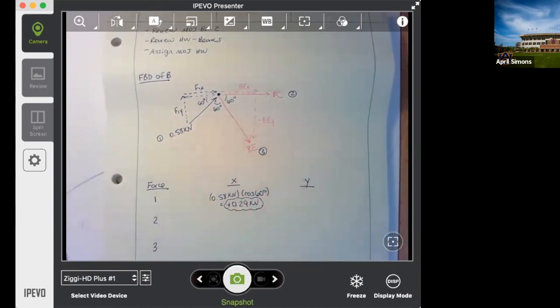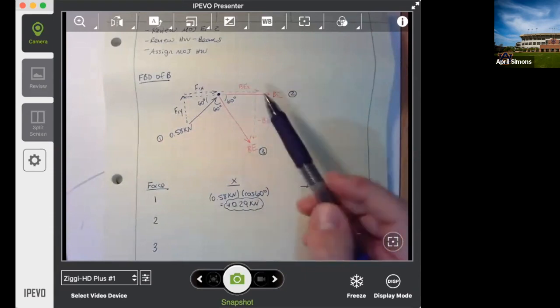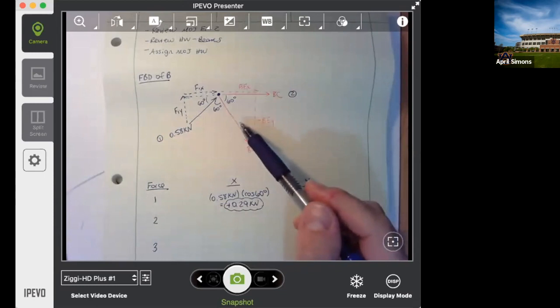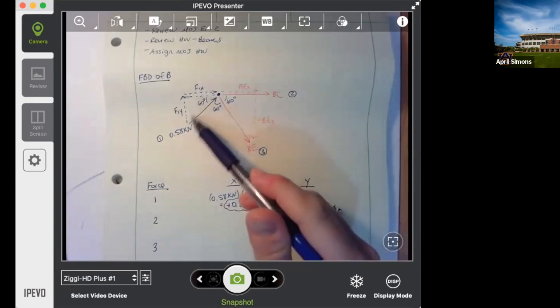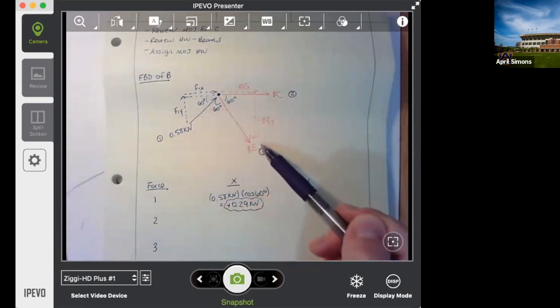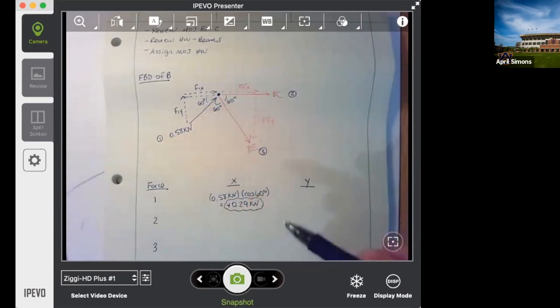Okay, I've combined this all in one chart just to kind of show you how that looks. It does look a little bit messy. So if it's too much on one sketch here, then you can always go out to the side and resketch F1 and F3 to show the components.